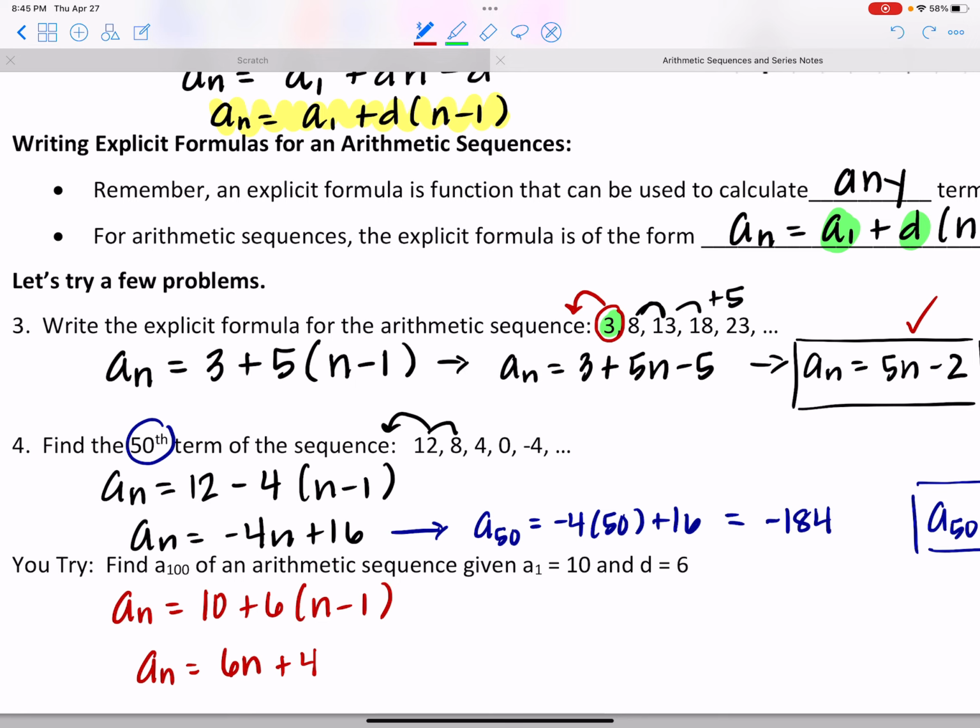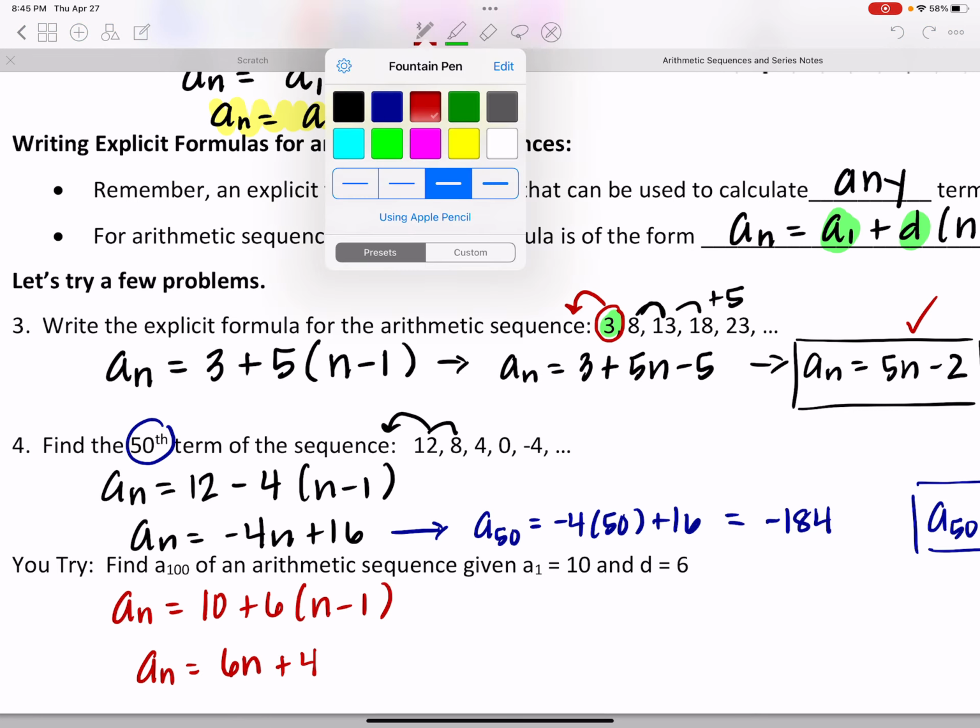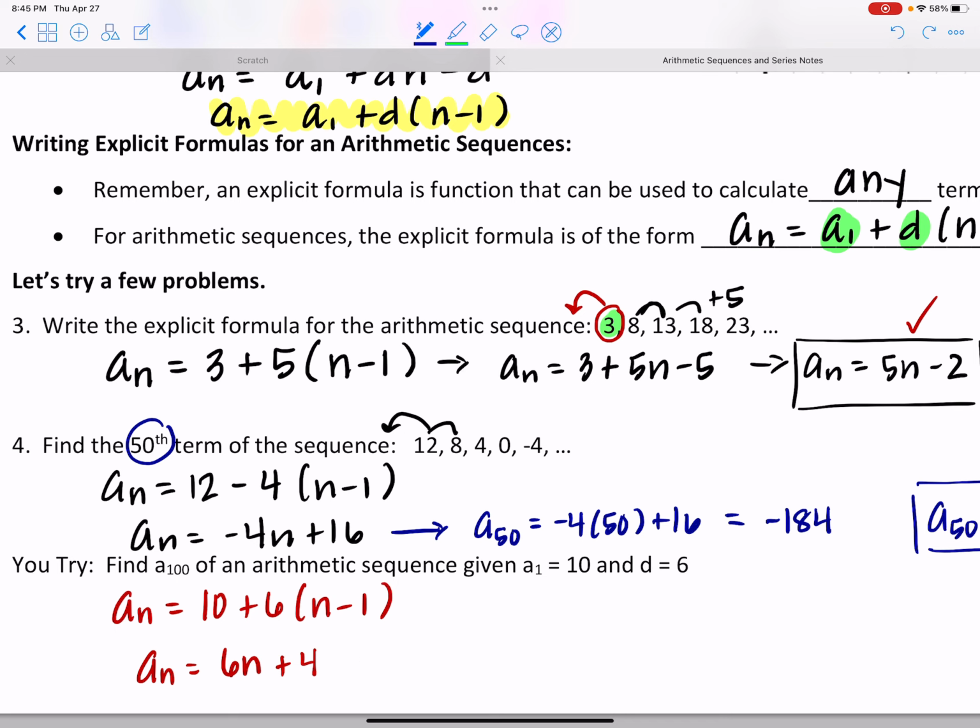Now we are trying here to find the 100th term, so let's plug in 100. And I'm going to go into this one, although either one would be fine. Actually, just for variety, let me go into this one. So a sub 100 equal to 10 plus 6 times 100 minus 1.